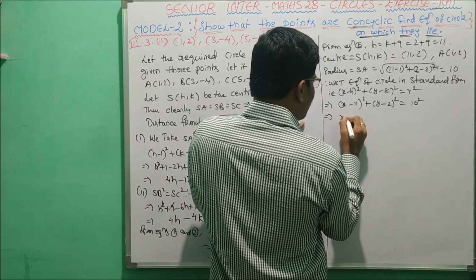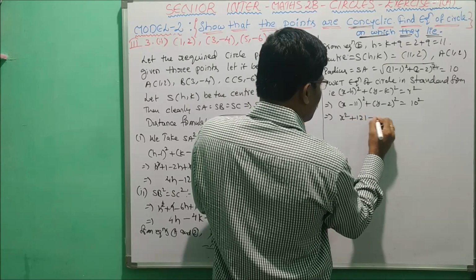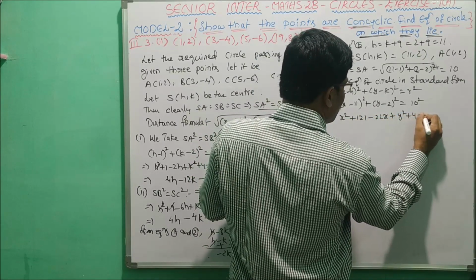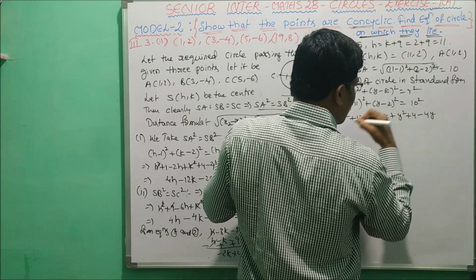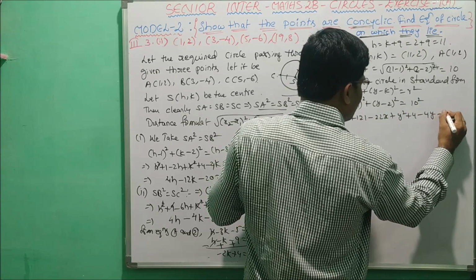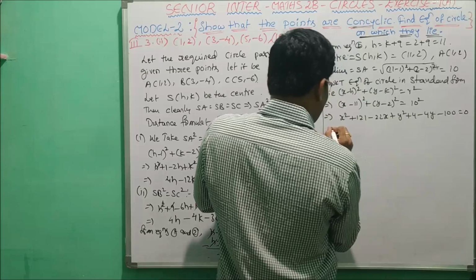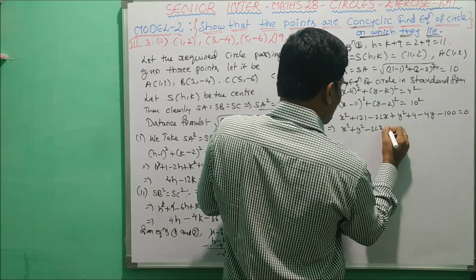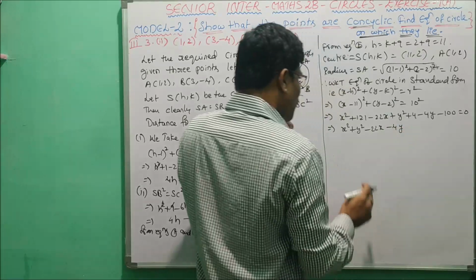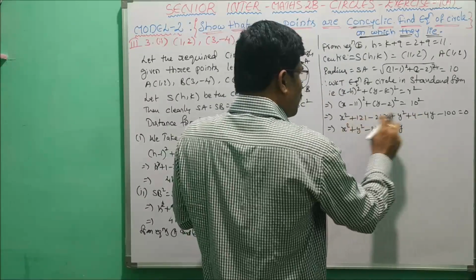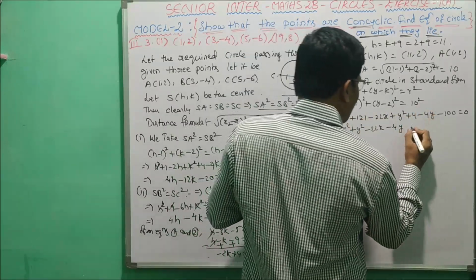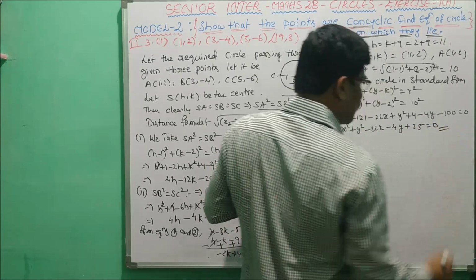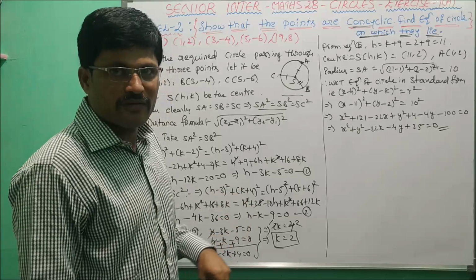Now it can be simplified: x square plus 121 minus 22x, plus y square plus 4 minus 4y. We take 10 square to the left side, that is minus 100 equals 0. Now it can be simplified: x square plus y square minus 22x minus 4y. Here 121 plus 4 is 125, minus 100, that is 25, equals 0. So this is the equation of the circle passing through the given 3 points.